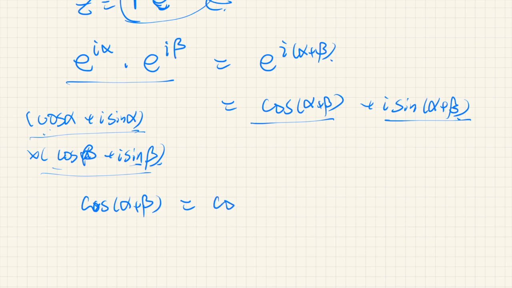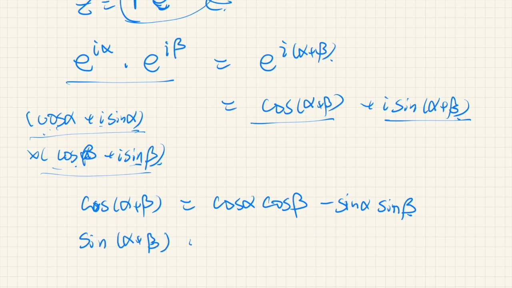Then you get cosine alpha cosine beta minus sine alpha sine beta. And the imaginary part, sine of alpha plus beta, is equal to sine alpha cosine beta plus cosine alpha sine beta.